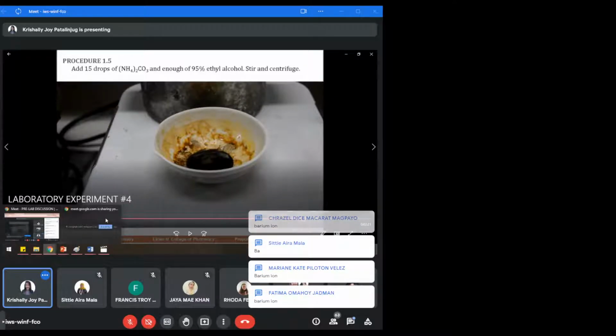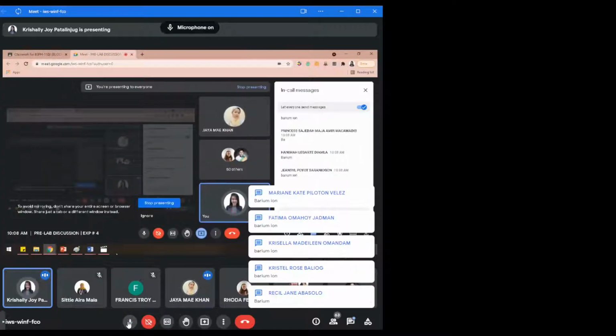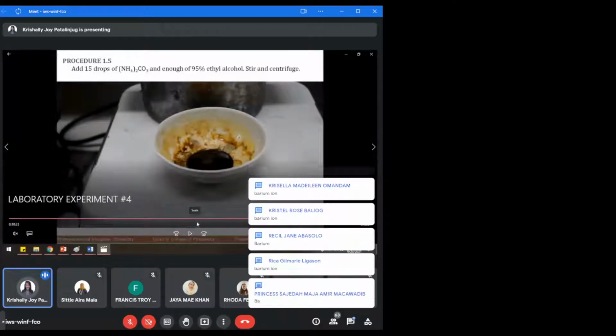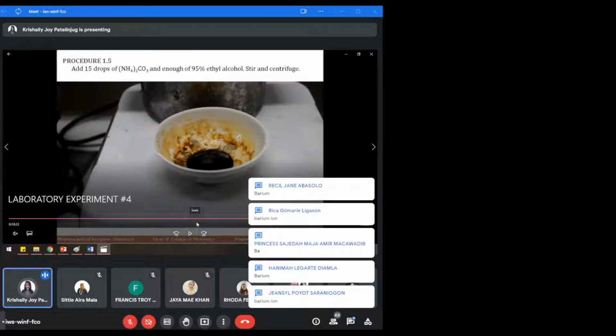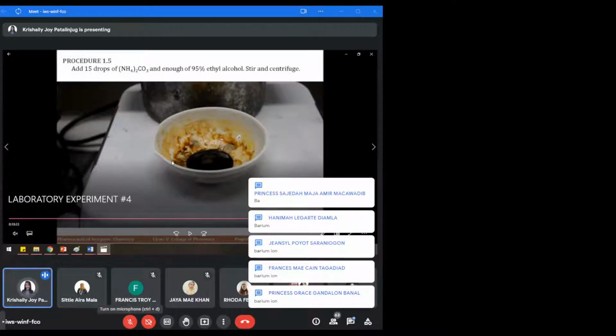Question: of the two remaining ions, which will be separated with this precipitating agent, ammonium carbonate? Very good, it's barium. What is the name of the precipitate? Barium carbonate.